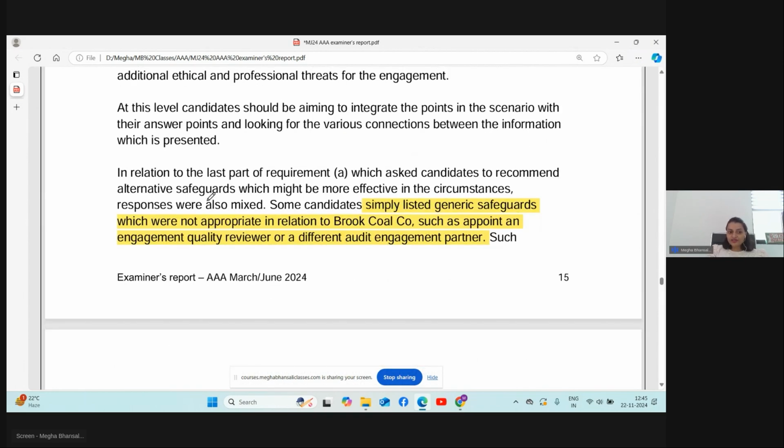They simply listed generic safeguards which were not appropriate in relation to Brook Coal, such as appoint an engagement quality reviewer or a different audit engagement partner. So why should I appoint a quality reviewer? What will be the role of the quality reviewer and how will it eliminate the problem of issuing a biased audit opinion? Those could have been included in the safeguard, and that would give you marks.